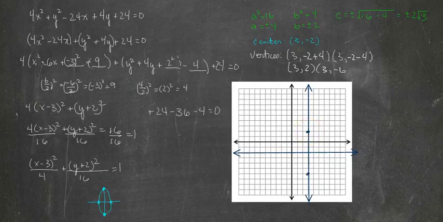I checked. All right, so now let's look at our co-vertices. This time I'm going to use 4. So my co-vertices are going to be, and let's use the logic of it, we know they're going to be on the minor axis, which is the horizontal axis in this case, because it's the skinny part of our ellipse.